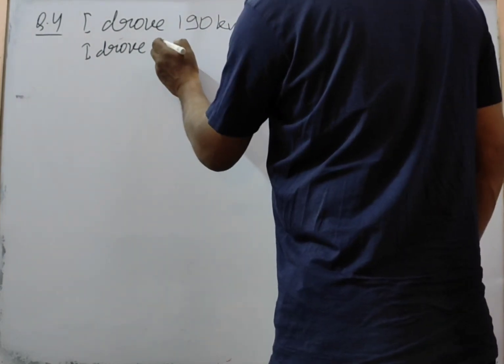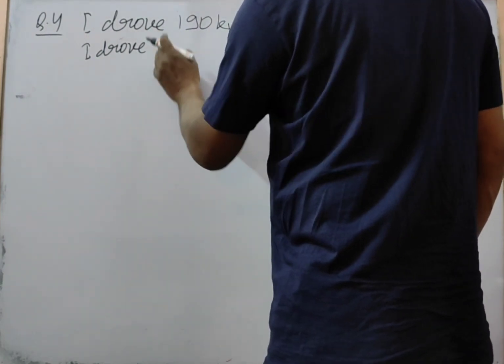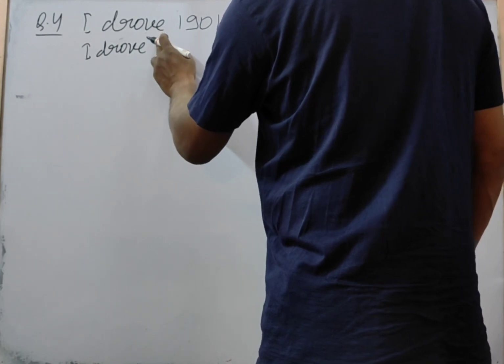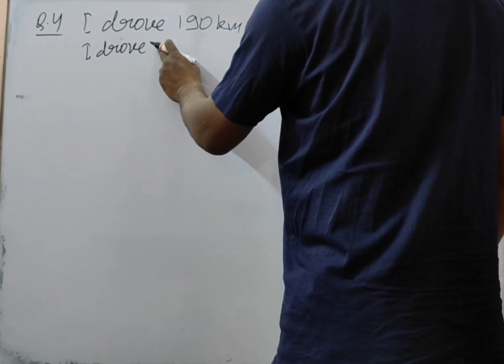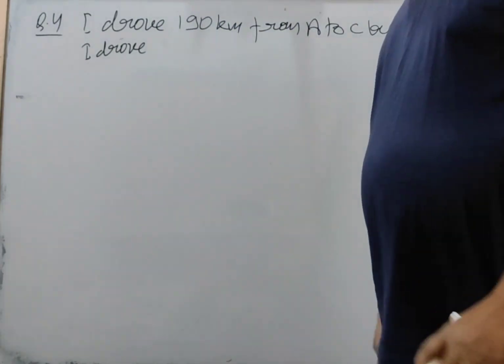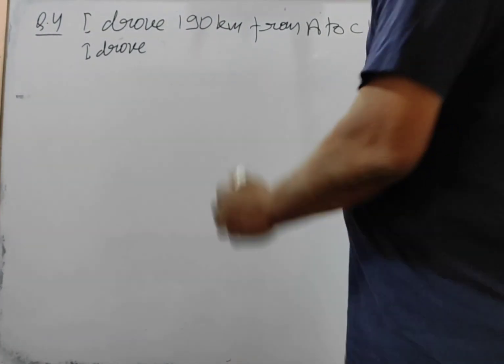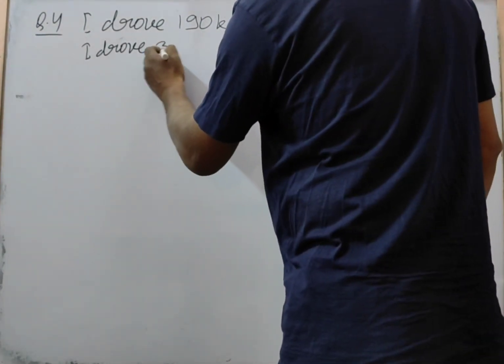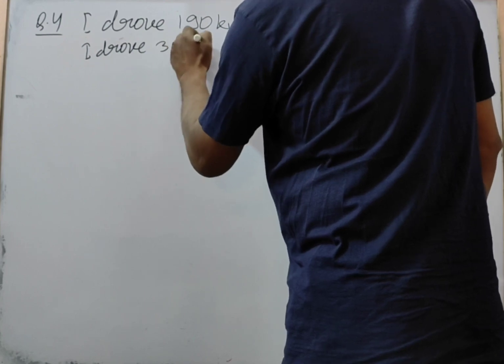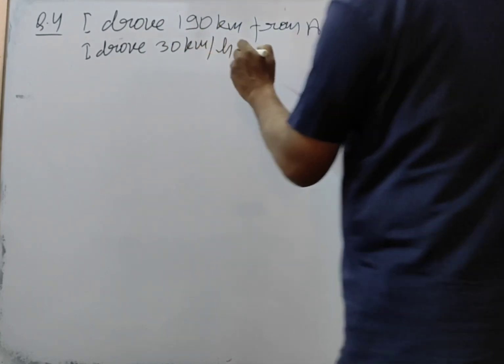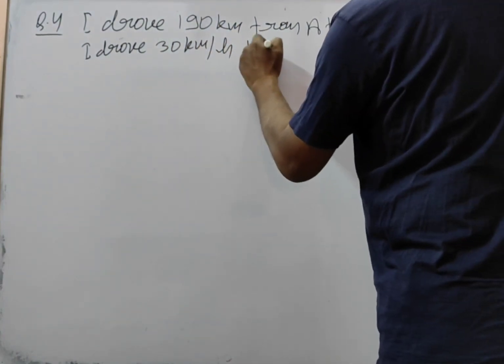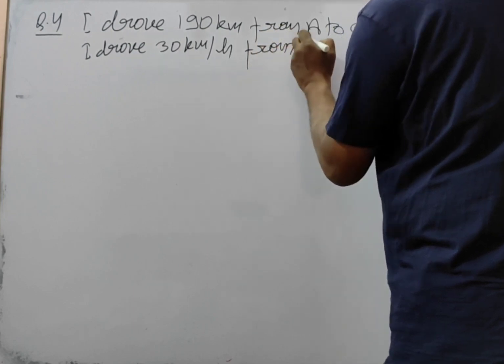I drove, how many, what do you have, speed or time or distance? I drove at 30 kilometers per hour from A to B. Okay.